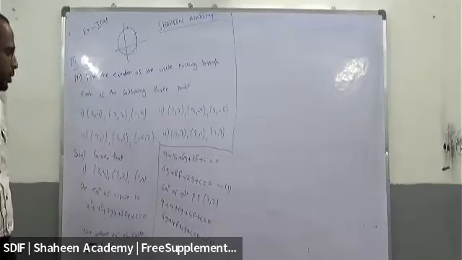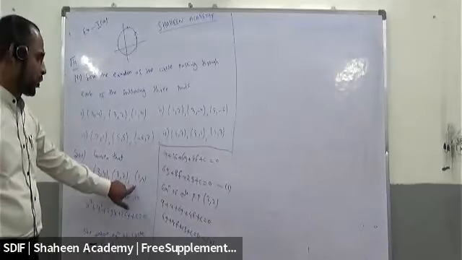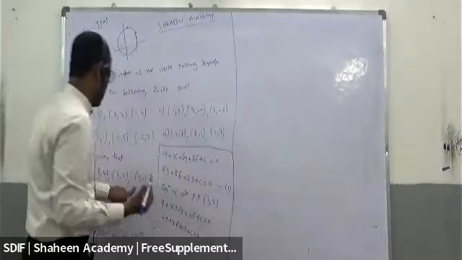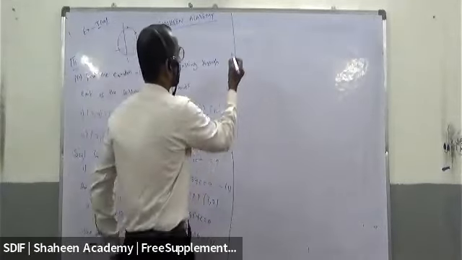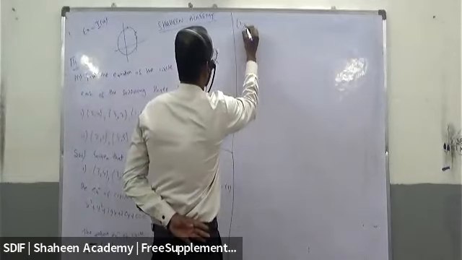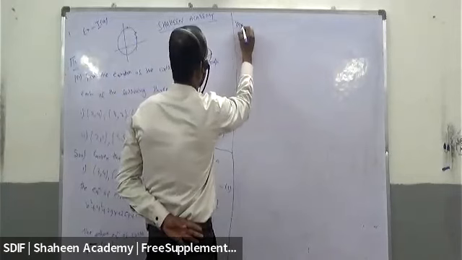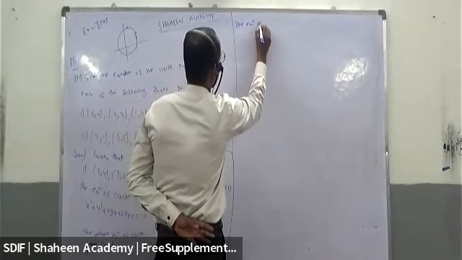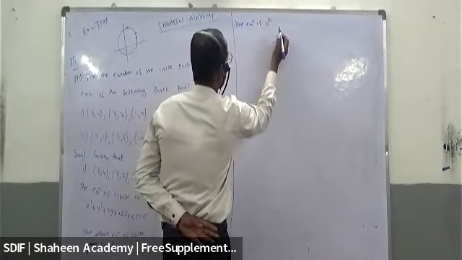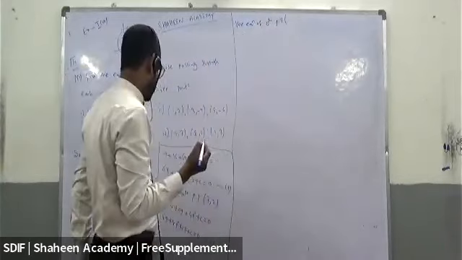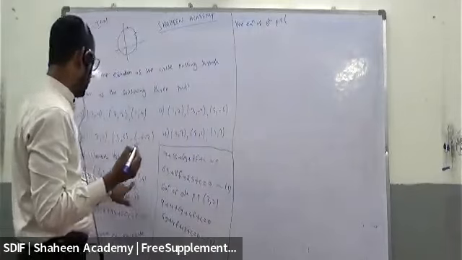Now we have one more point here. What is that point? 1, 4. The equation of the circle passing through the point 1, 4.